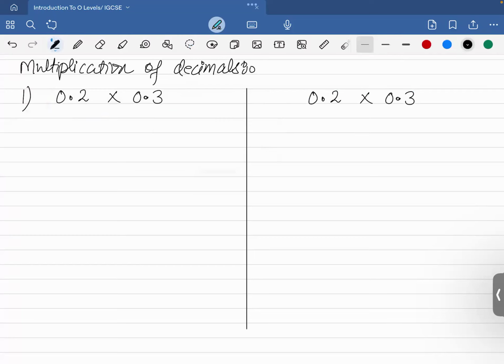The first method is the normal way. Agree? Let me write that it's a normal way. We will give the name the way Arun gave it. It's a normal multiplication, like 0.2 multiplied with 0.3. And it is not necessary to write decimal below decimal in multiplication and division.